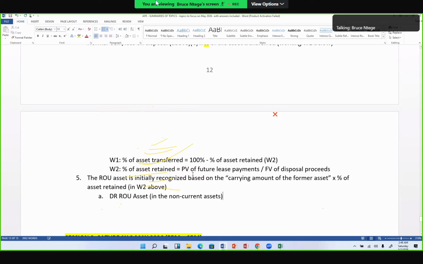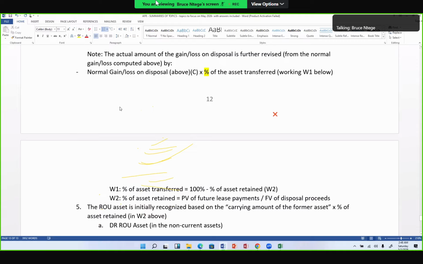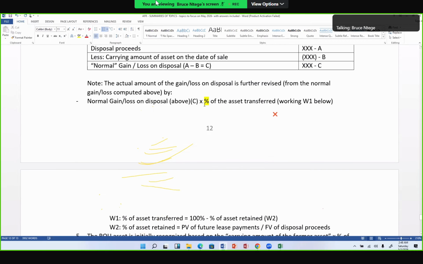Meanwhile, for number 4, when you computed this revised gain or loss on disposal based on this formula, you put it here so that this figure is basically your normal gain or loss on disposal.